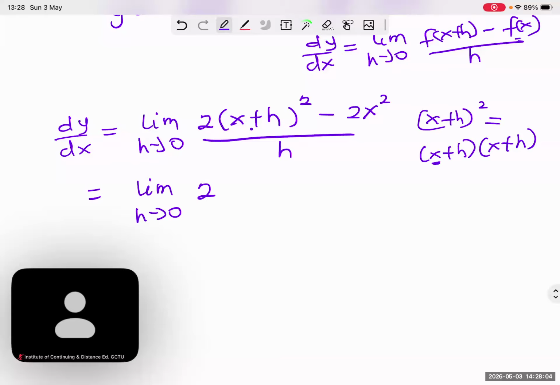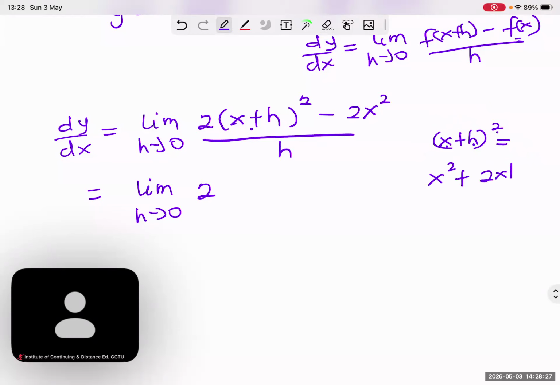Then we'll multiply the x by the x, the h by the x, and so on. However, we can use algebra. In algebra, if I have x plus h all squared, this is the same as square the first, x squared, plus multiply the power by the first and the second, so 2xh.